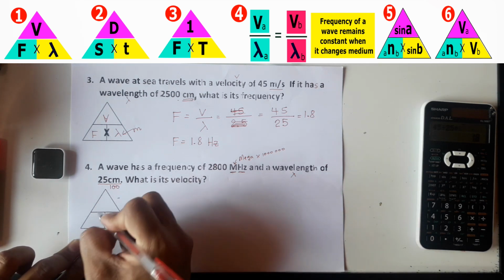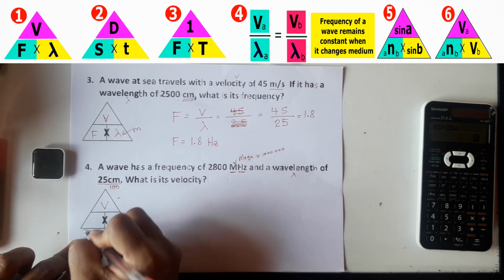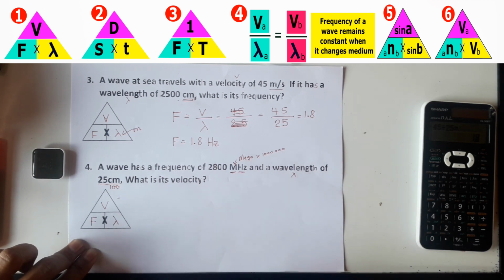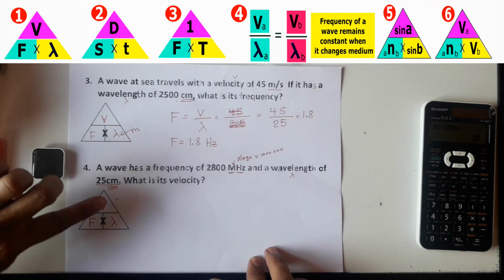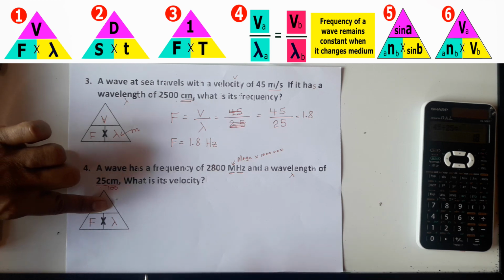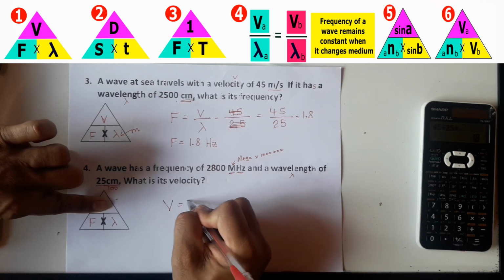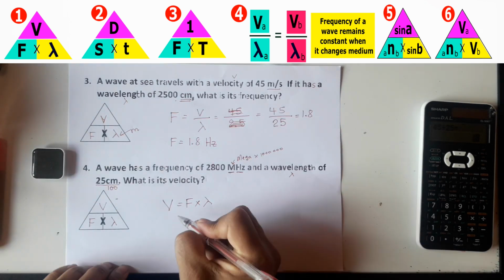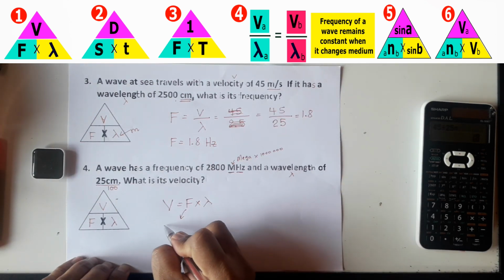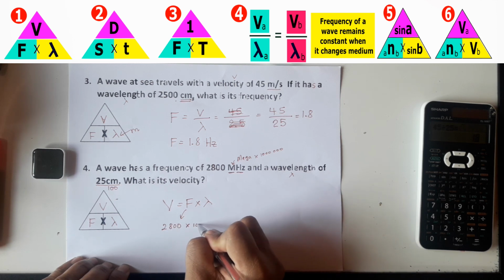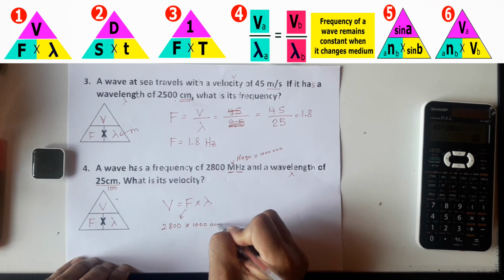So this looks like formula 1 again. Velocity is frequency multiplied by wavelength. So what are they asking us to find this time? The velocity. So the calculated velocity is frequency multiplied by wavelength. So the frequency is 2800, but I have to multiply this by 1,000,000.